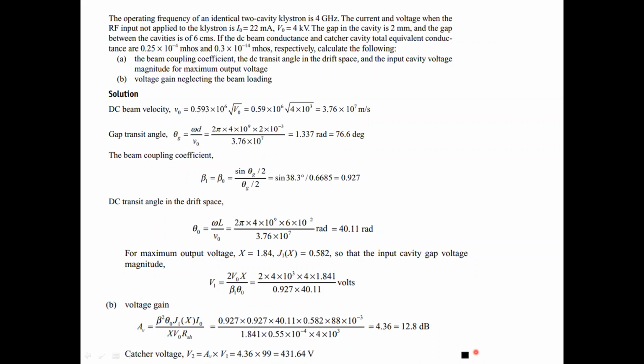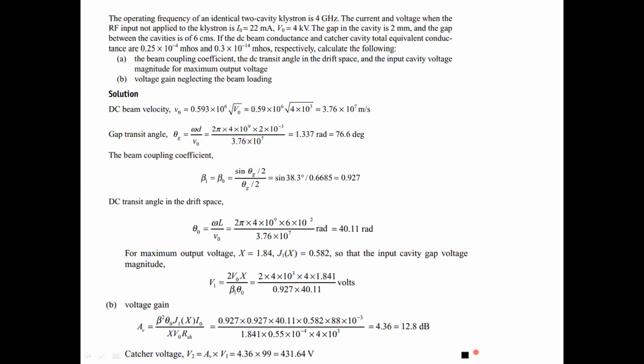So automatically we identify 3.76 into 10 power 7 meters per second. Same as the previous example, first evaluate transit angle theta naught. So we have the formula and data, direct substitution, 76 degrees.